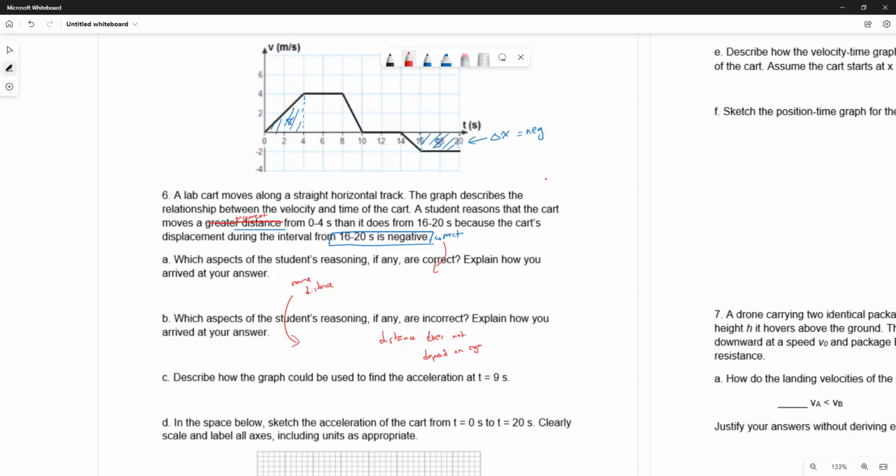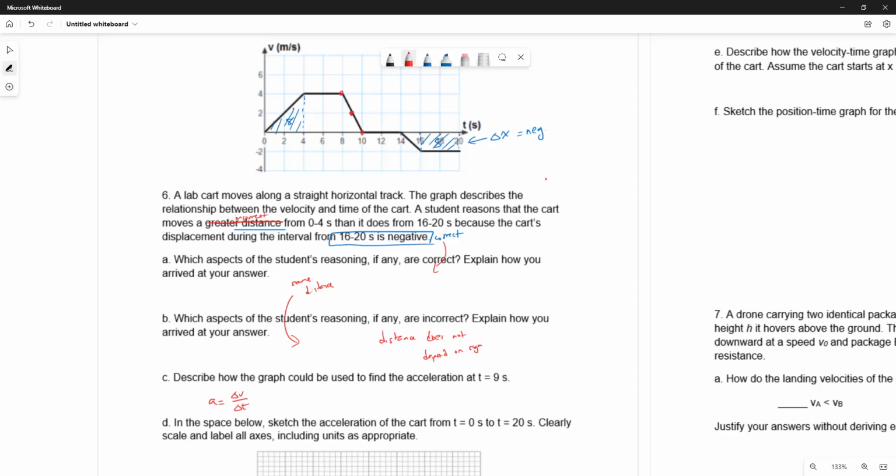Describe how the graph could be used to find the acceleration at t equals 9 seconds. 9 seconds would be right here. So we want to find the acceleration at that point. Acceleration is the change in velocity over the change in time. We can find the average acceleration that way. So we can find the difference between the velocities at 8 and 10 seconds.